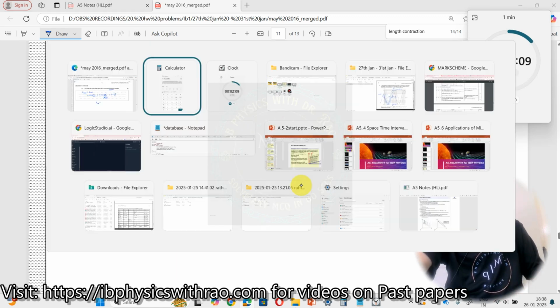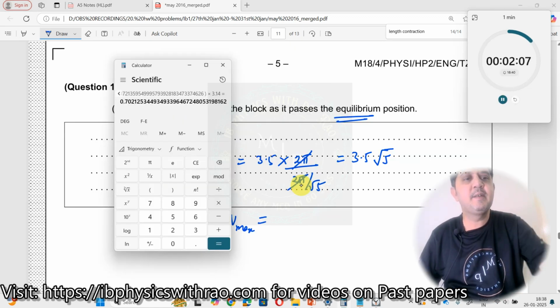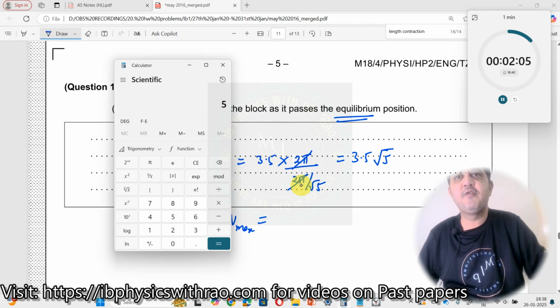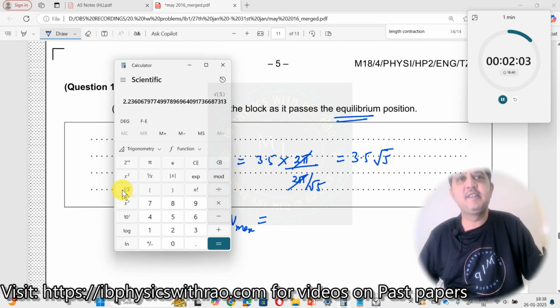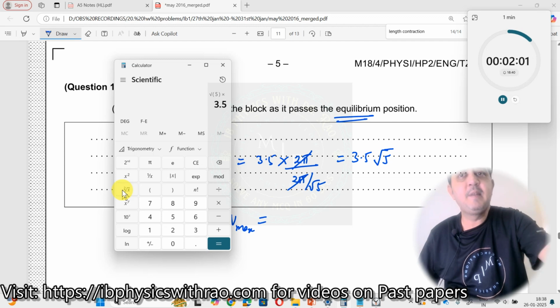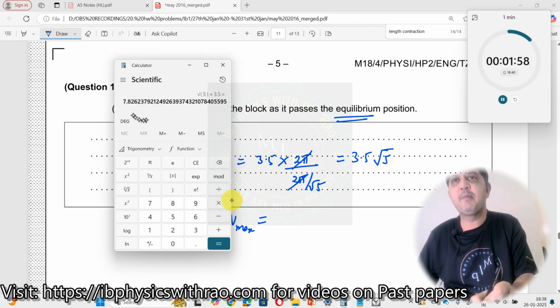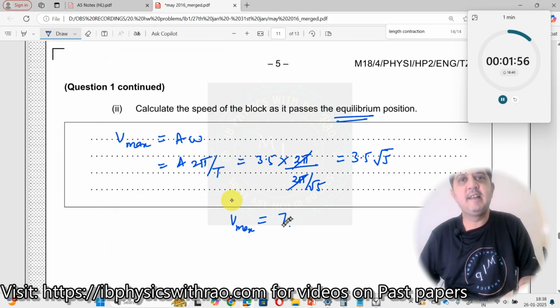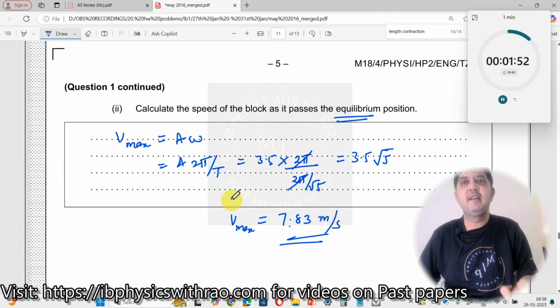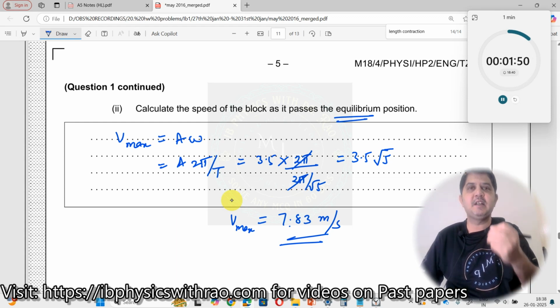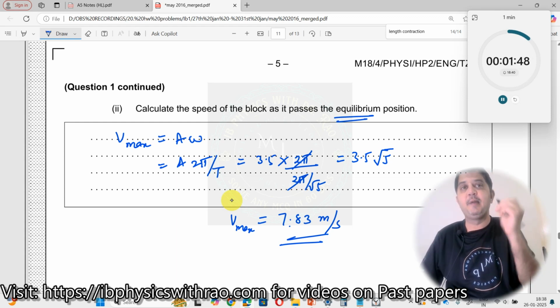I find the value of root 5, multiply this by 3.5, and I get 7.83 meters per second. This is the maximum speed of the object at the equilibrium position.